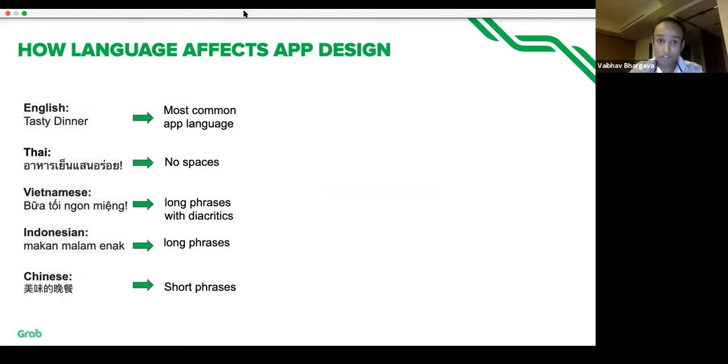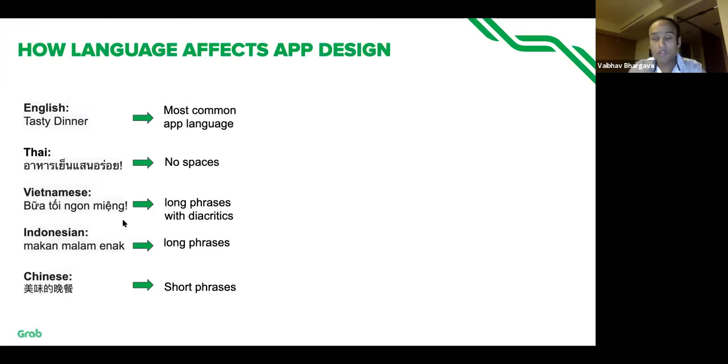One difference that you should notice, if you have been to Indonesia or Vietnam and you're used to it, is that in general, the words are longer. Either the words are longer or there are many small phrases to communicate the same thing. Which means when you put this text on your app, you cannot just design in English. You can't just say, oh, tasty dinner fits right on a button. No, because this particular text in Vietnamese doesn't fit right on it.